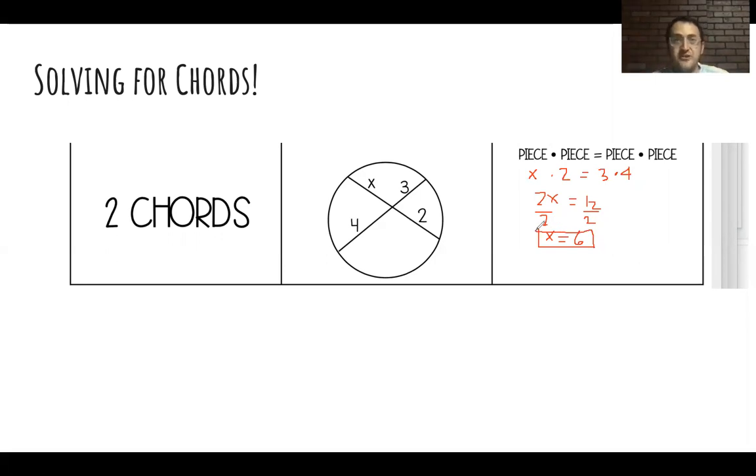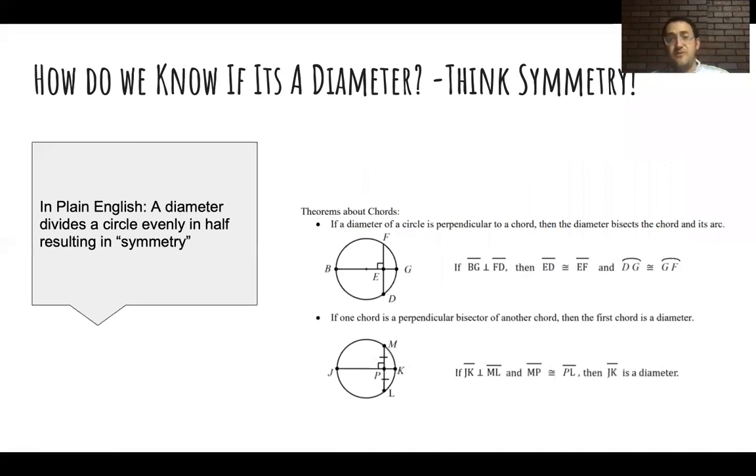For the other problems that you're going to see today, I'm going to give you 2 words to think about. And those 2 words are think symmetry. Now I have the theorem as what you're going to see in the textbook here. It reads, if a diameter of a circle is perpendicular to a chord, then the diameter bisects the chord and its arc.